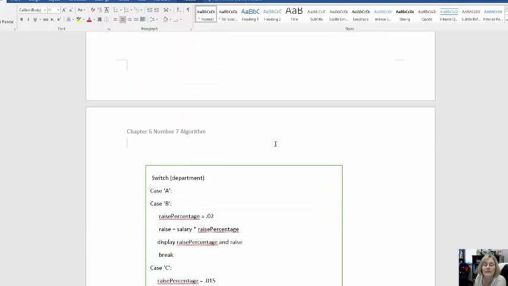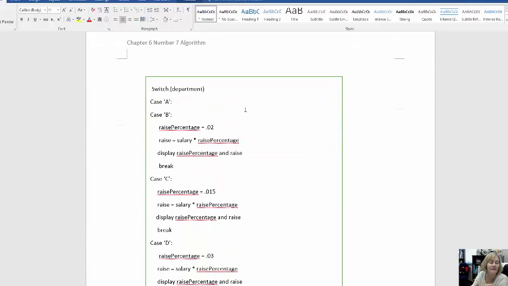Once the department is in the format you like, it specifically tells you to use the switch. Now, a switch is a very neat way of doing if statements, right? So you have learned if, and now we're requiring you to use a switch statement. Now, I have not followed the switch statement syntax perfectly because this is an algorithm.